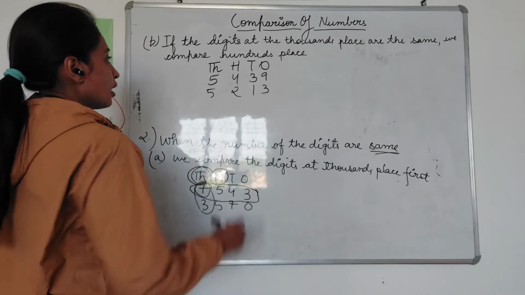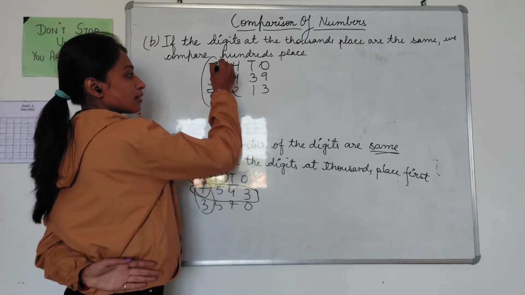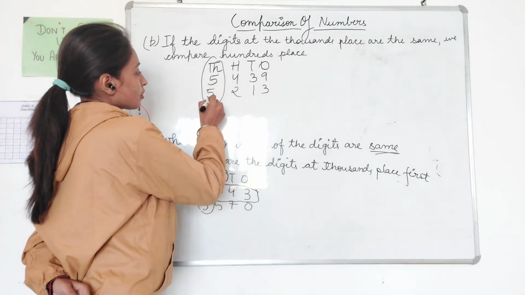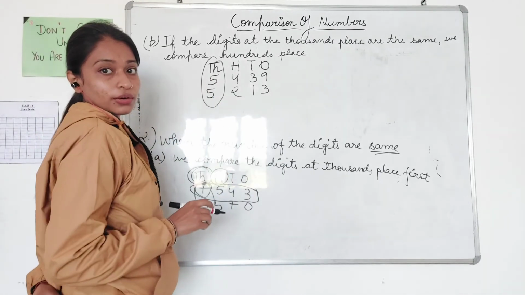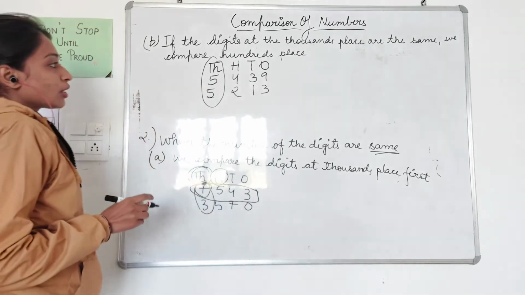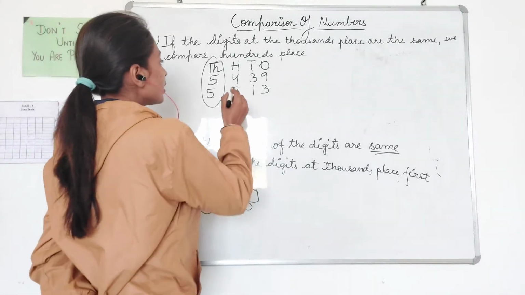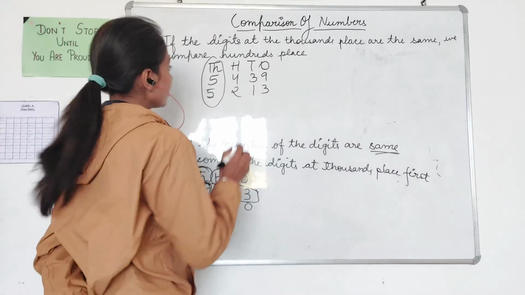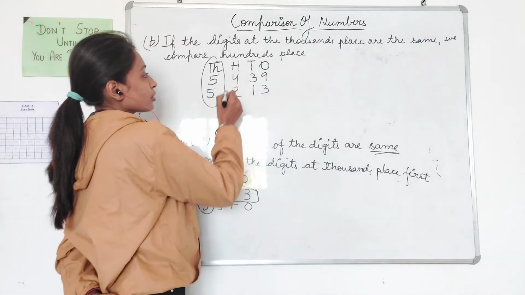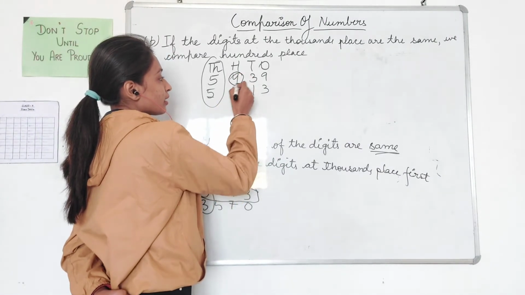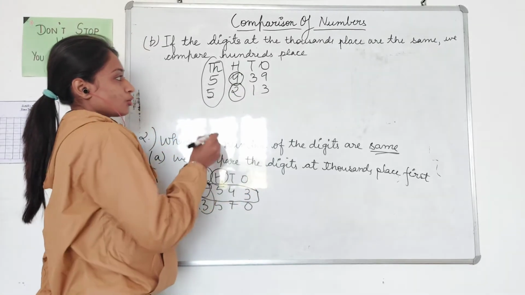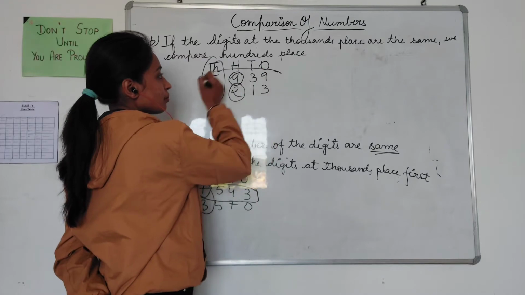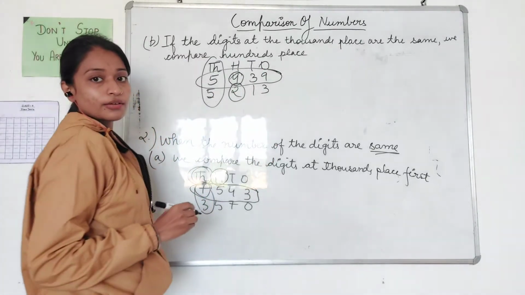ओके अब हमारे पास 1000 में सेम है, we have 5 in both the numbers, okay, at thousands place. Now we will check कि 100 की प्लेस पे कौन सा नंबर है. ओके सो यहाँ पर फर्स्ट में है हमारे पास 4 एंड सेकंड में है 2. सो 4 is greater, so this number is greater.